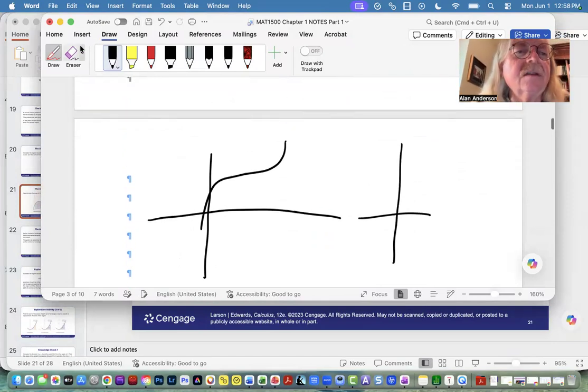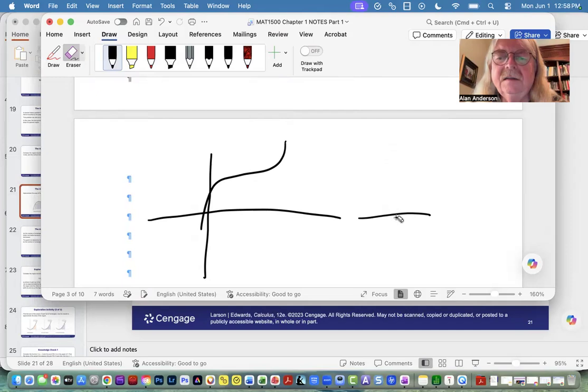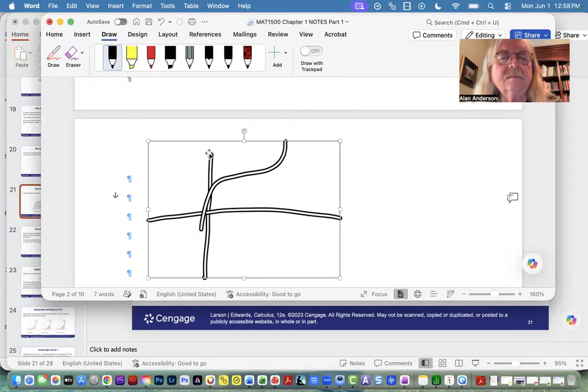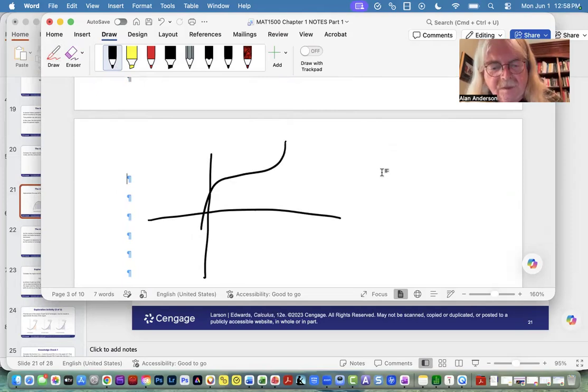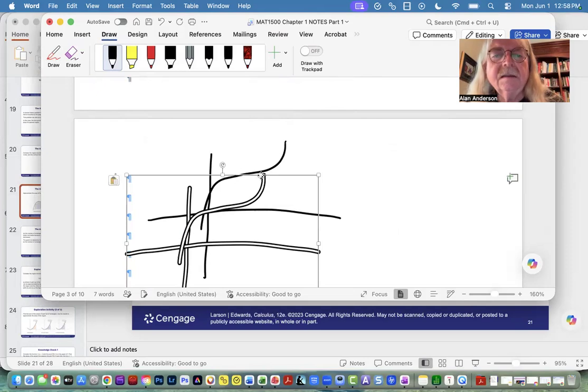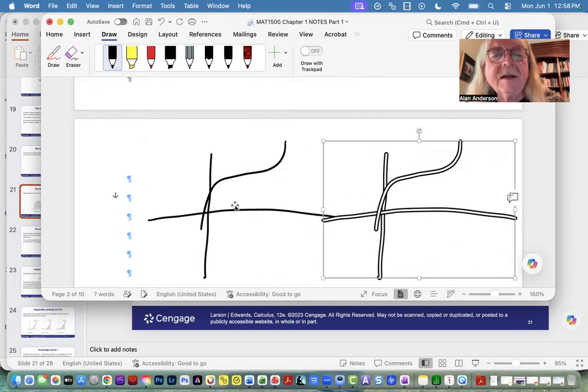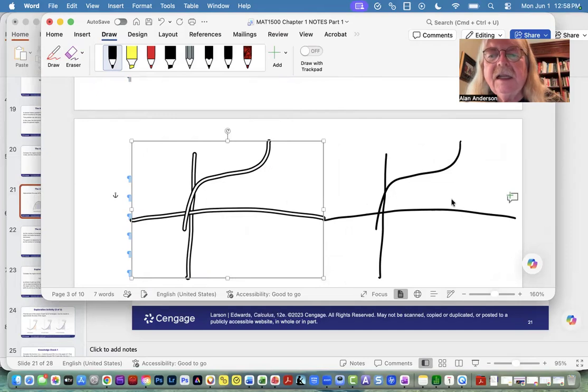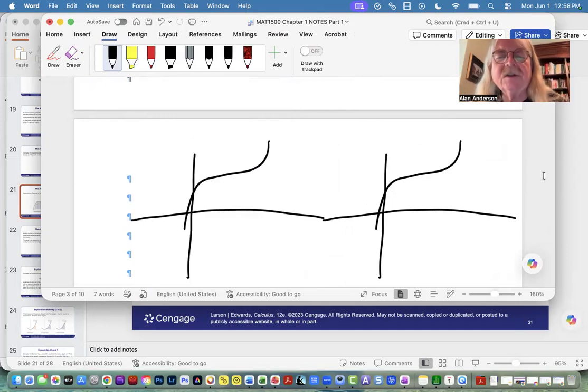Actually, let me try this. I can just about fit them in there. I was hoping to get them to be identical to each other. So, in other words, when you form these rectangles, there's a left endpoint and there's a right endpoint.